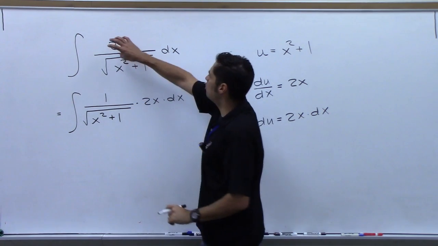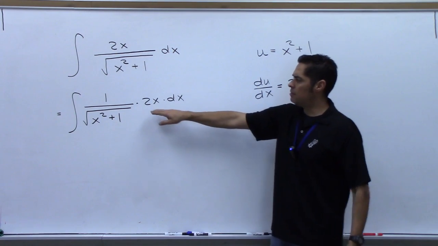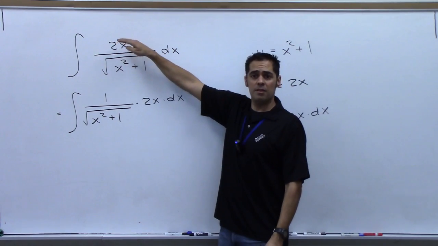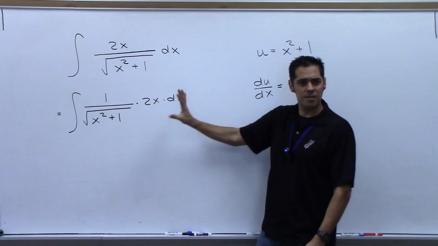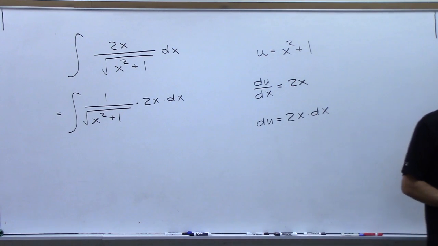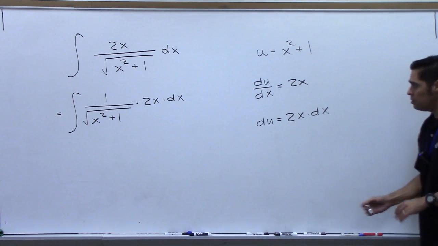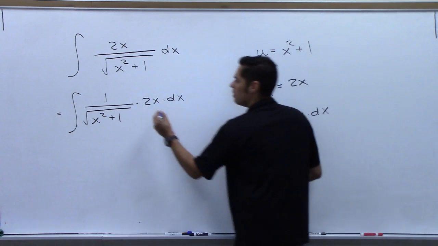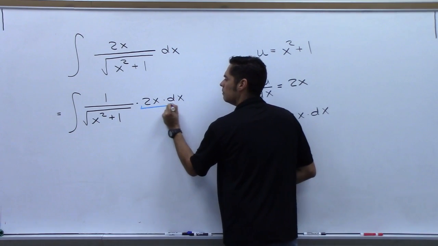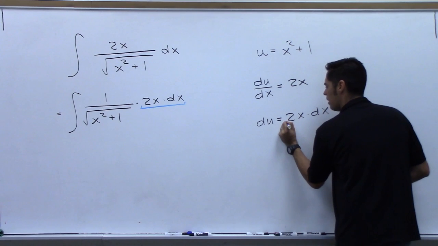I'm going to slide the 2x out because it's in the top, right? It's in the numerator, so I can just slide this out like this. This is the same problem. And I'm only doing that because I want to match this. See that?